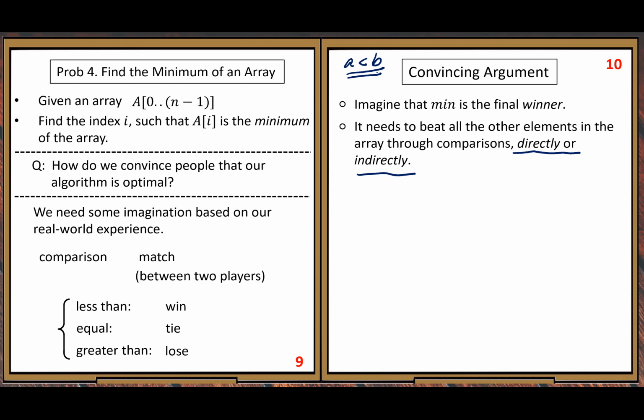So it's a direct comparison. Indirect: A less than B and B less than C, then we can say A less than C by transitivity, right?